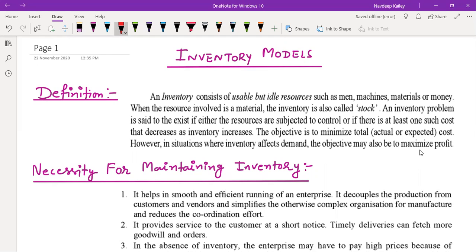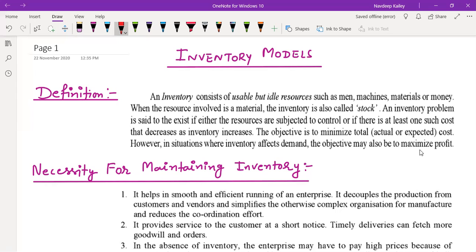Though inventory of materials is an idle resource, almost every organization must maintain it for efficient and smooth running of its operation. Without it, no business activity can be performed.